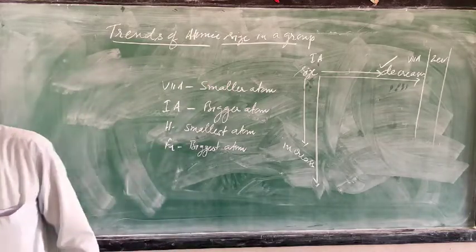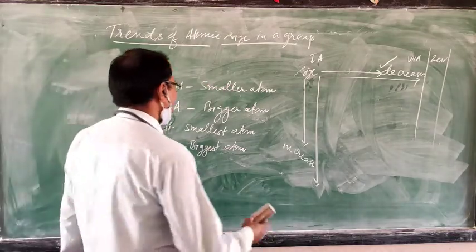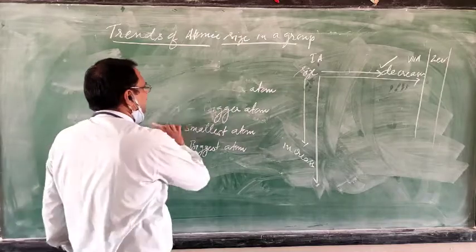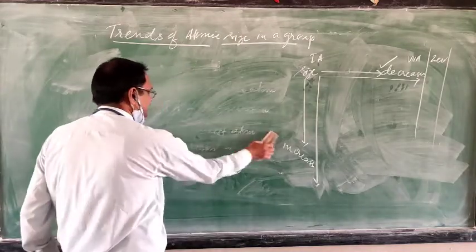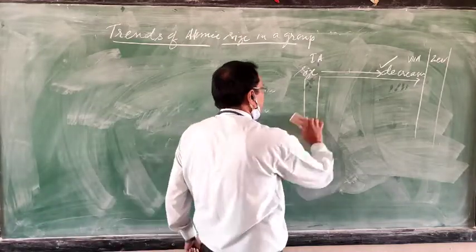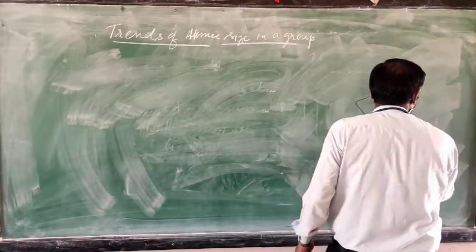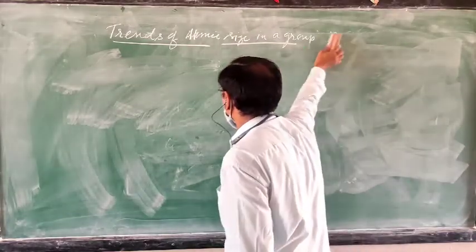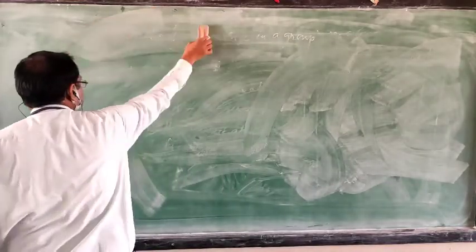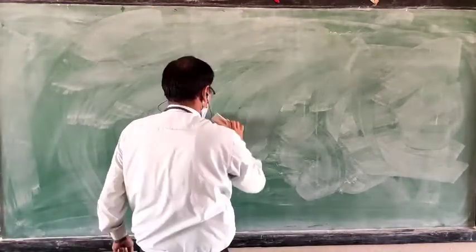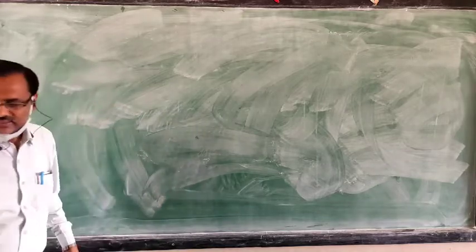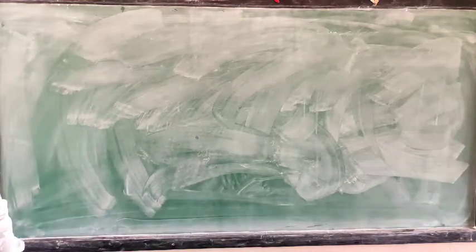Now two more questions are there, size of cation and size of anion. A cation is smaller than the neutral atom and an anion is bigger than the neutral atom, that we are going to discuss. So the first question: a cation is smaller than the neutral atom.